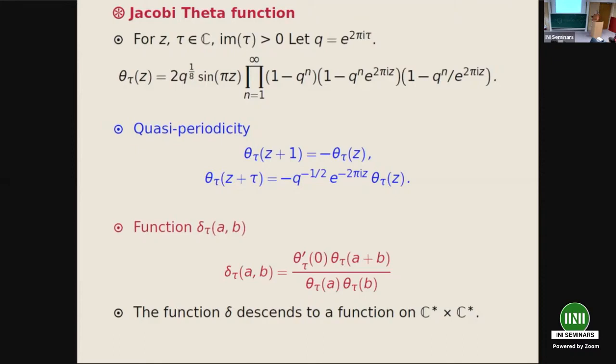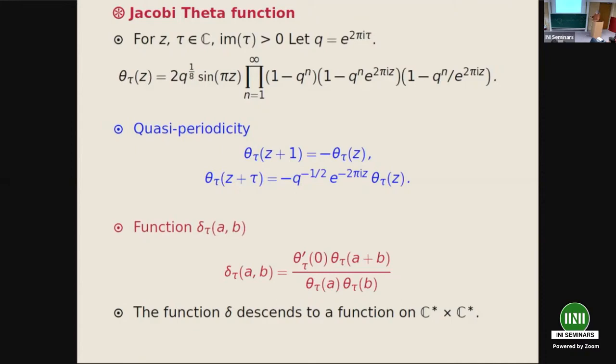And my function was a combination of theta functions, so this is the combination. And in fact, this function descends to a, so this one does not descend to C star. It's e to this one, but you have sine of p pi, not 2p pi, so it changes sign when you add one. But if you look at this function, these minuses cancel.